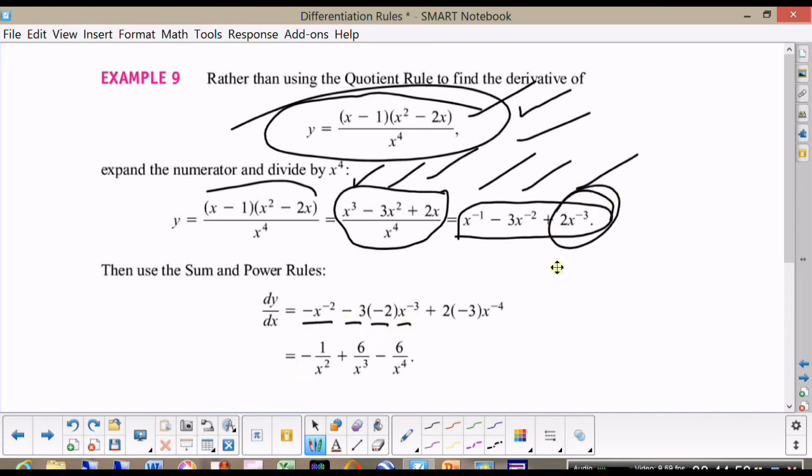And the power rule on the last one gives you minus 6 x to the minus 4. And so rewriting that with positive exponents gives you minus 1 over x squared plus 6 over x cubed minus 6 over x to the fourth.